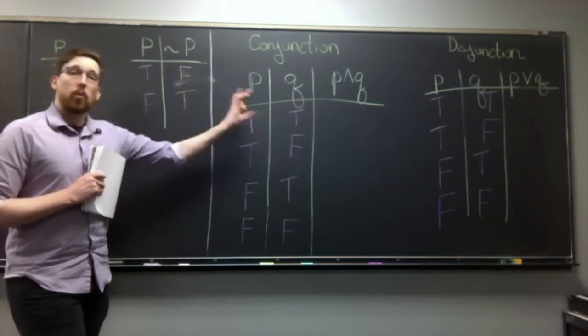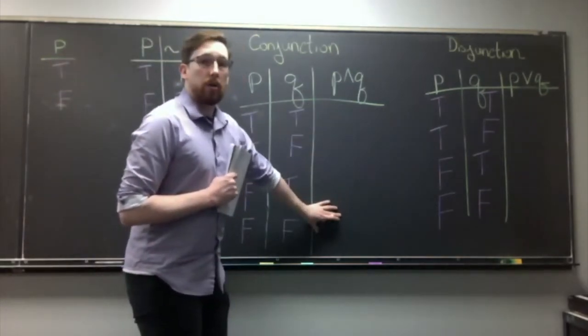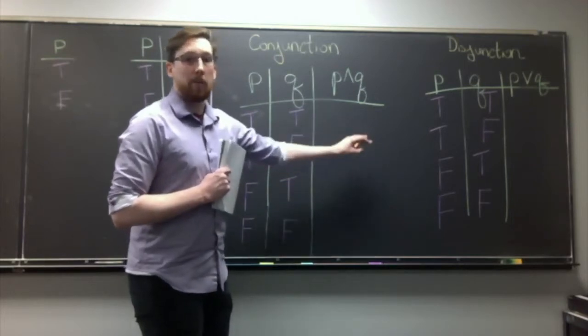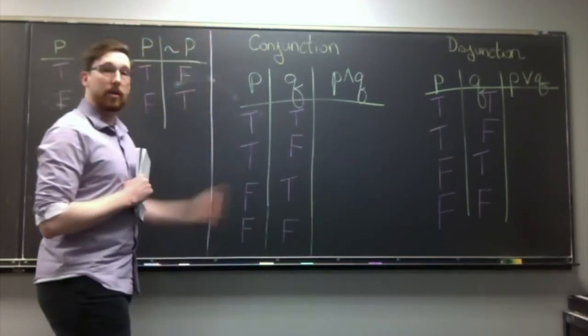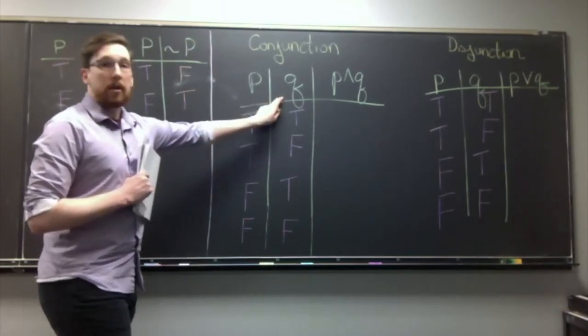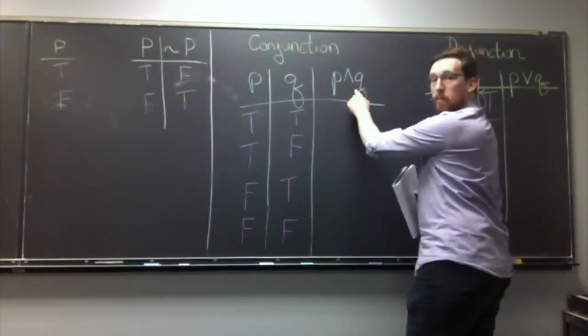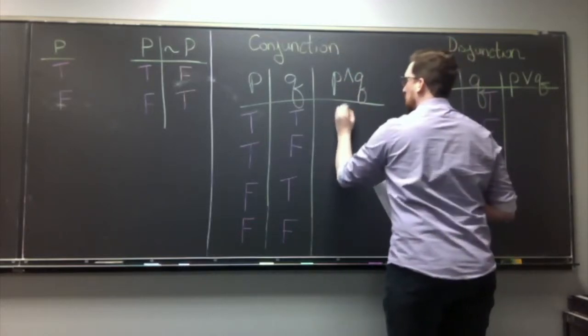And then, once we consider each of these statements, we can start filling out the column for P and Q. Well, in this particular case, if P is true and Q is true, the statement P and Q is going to be true.